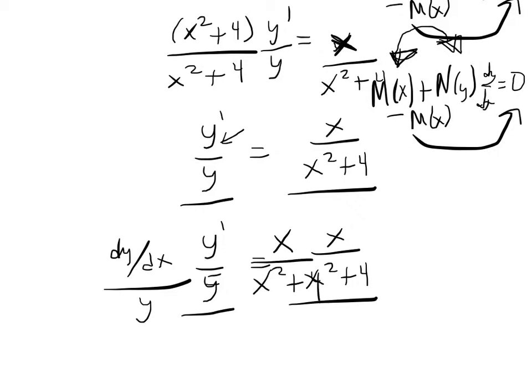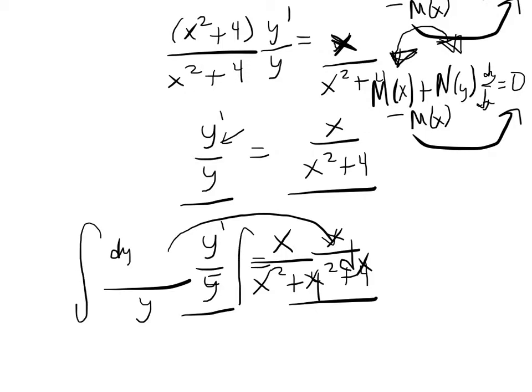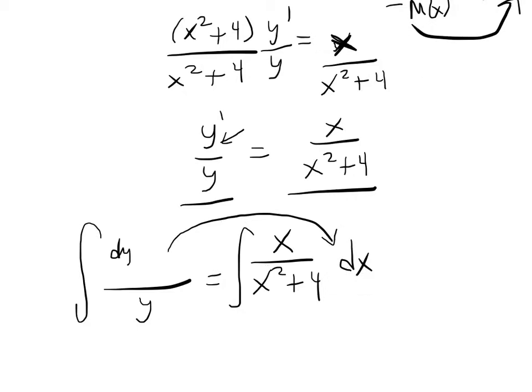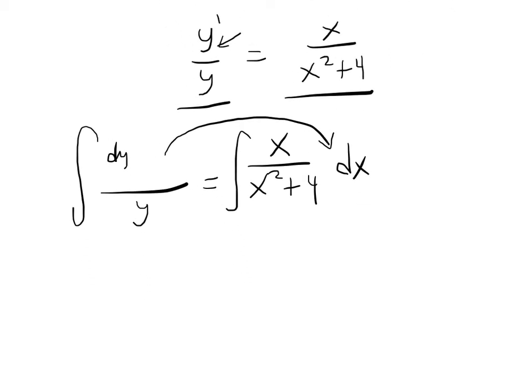Now we can move the dx to the other side. So now we have just y's on the left, just x's on the right, and we can integrate both sides.